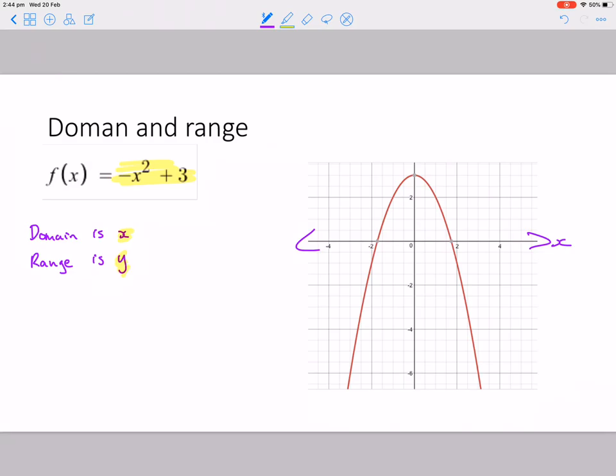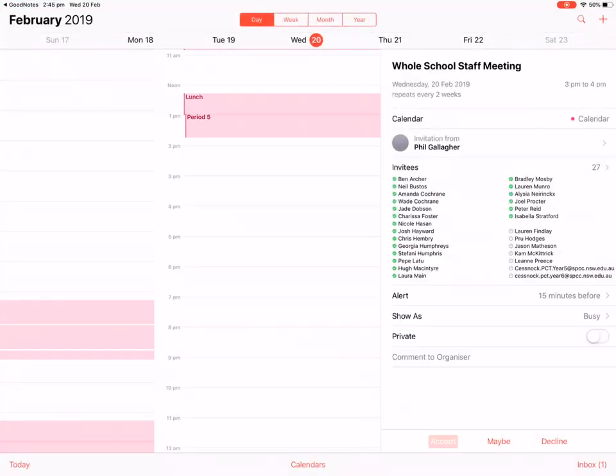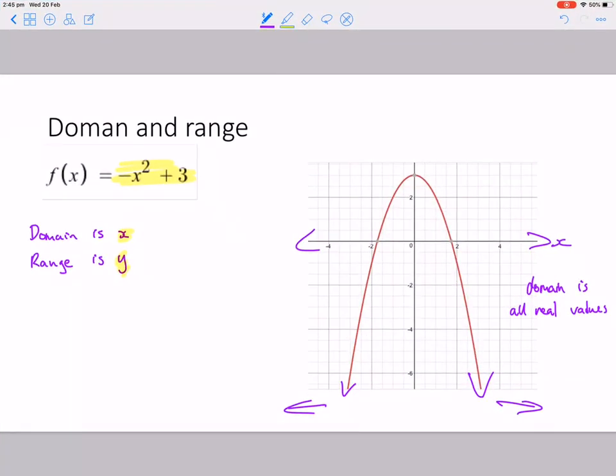And can you imagine that this is always getting wider that way, and this is always getting wider that way forever, okay? So I can say in this graph, the domain is all real values of x, okay?